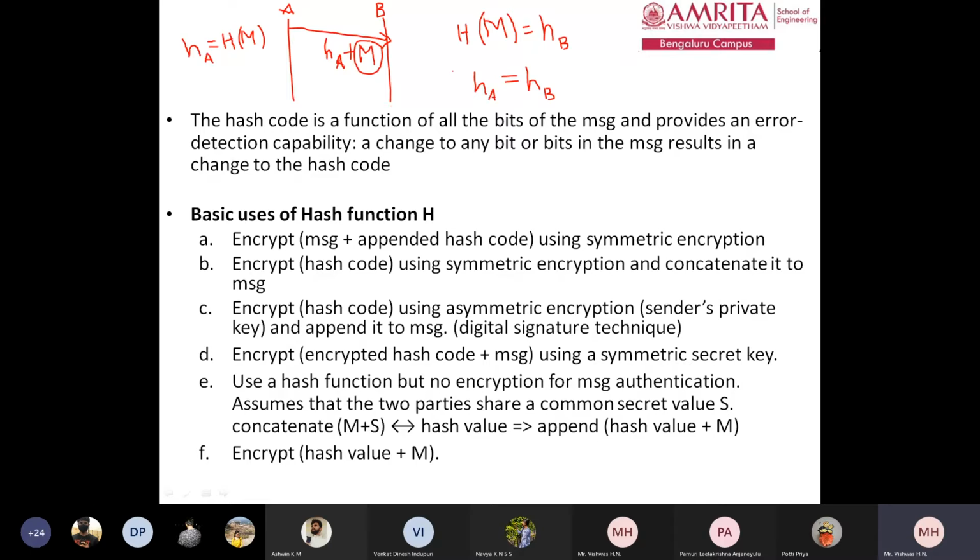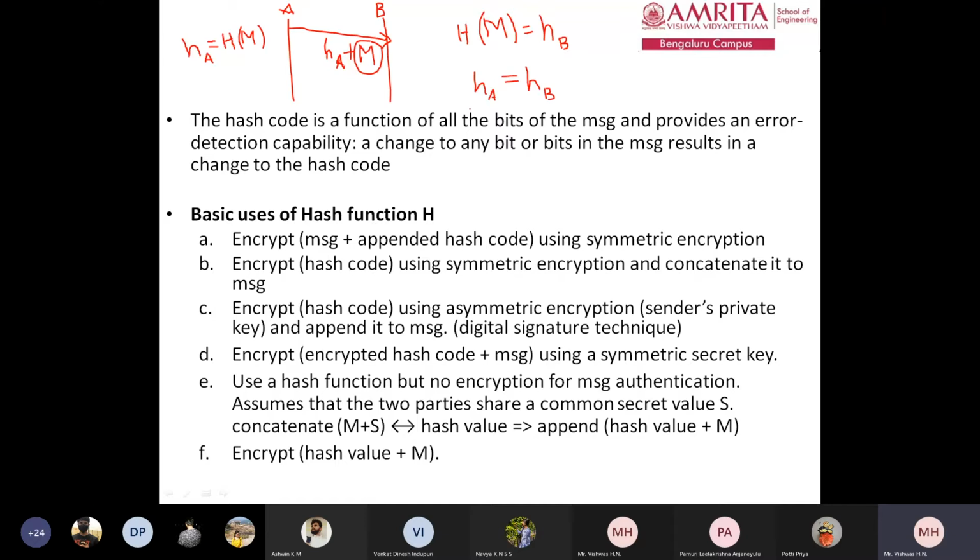Is that clear, students? We are proving it by comparing the hash codes in A and B. What A did: A has a message, fed that message into a hash function, and generated a hash code called H of A. Then H of A plus M, the message, is sent to B. What B did: B has the message received from A and feeds it into the same hash function that A used, and B gets a hash code called H of B. B compares H of A and H of B. B has received H of A also.